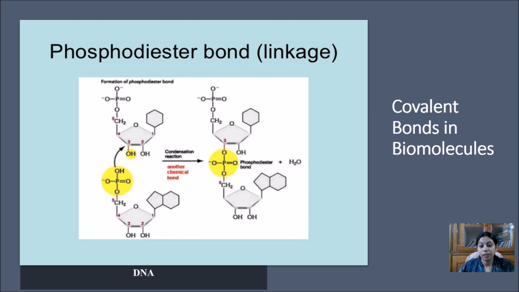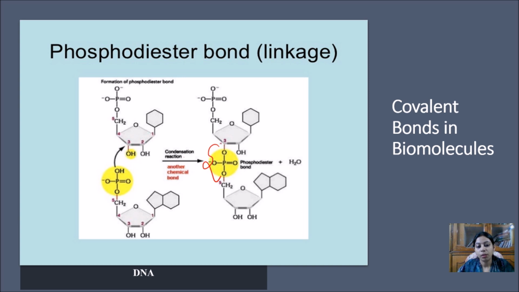The next major biomolecule inside our body is the DNA molecule, or the nucleic acid. It can be DNA or RNA, and you know that the polymerization of DNA or RNA takes place by the nucleophilic attack of one oxygen toward the 3' end of the ribose sugar, and these undergo a condensation reaction to form a phosphodiester bond.